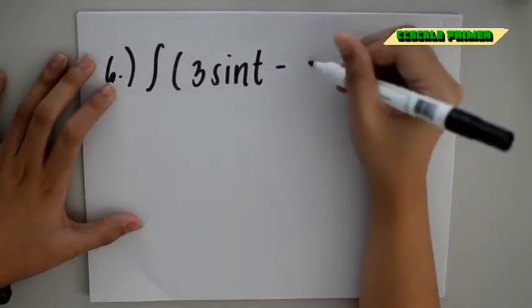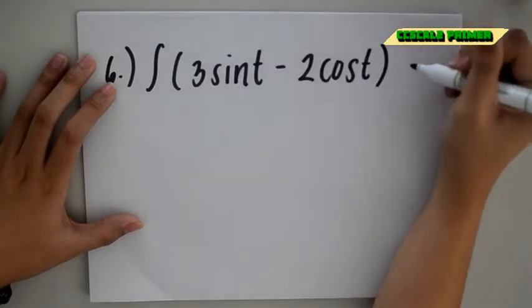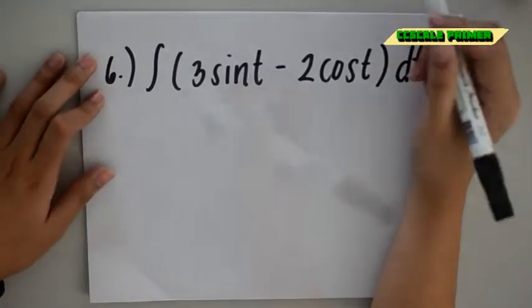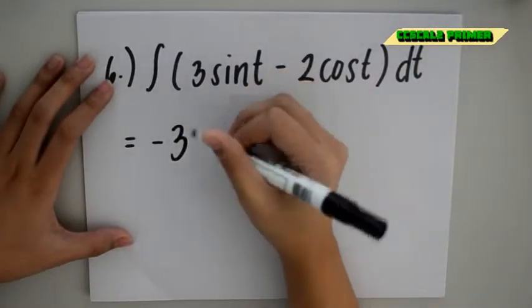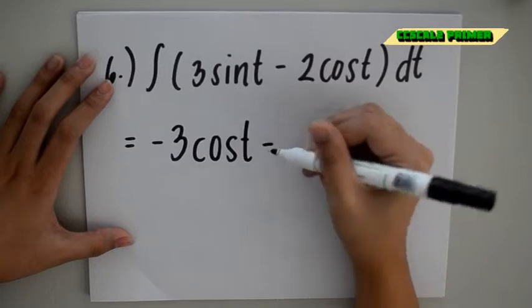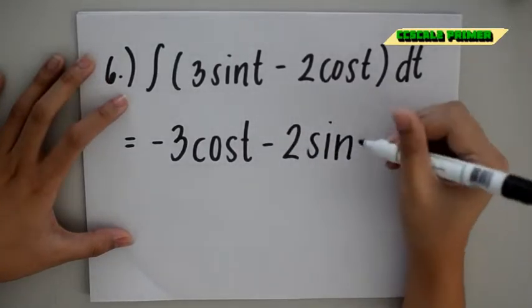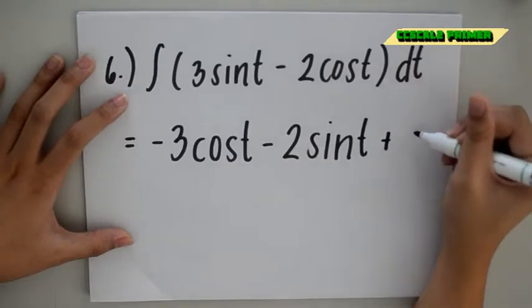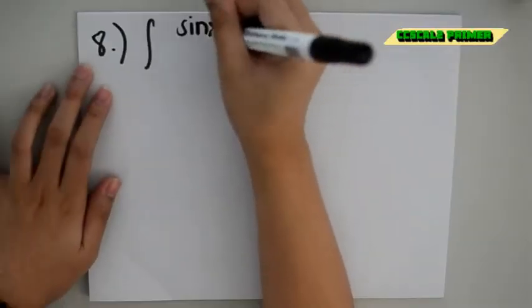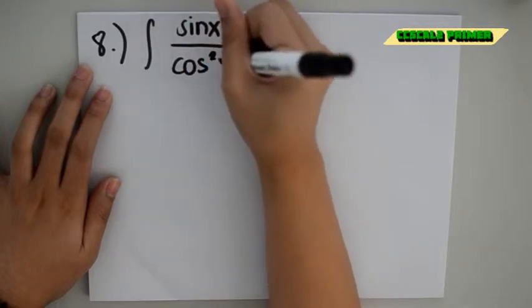Let's get the antiderivative of the quantity 3 sine t minus 2 cosine t dt. Using the formula we showed you previously, the answer is negative 3 cosine t minus 2 sine t plus c.